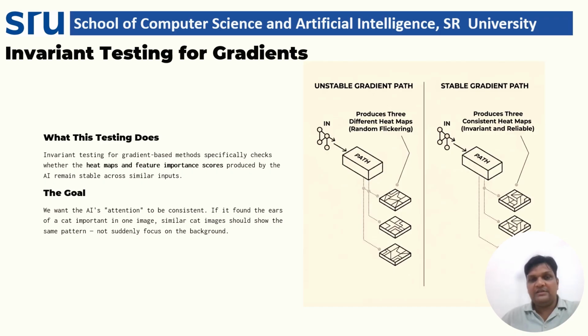Here, an unstable gradient path produces three different heat maps, random flickering. A stable gradient path produces three consistent heat maps, invariant and reliable. So we test for consistency. We ask, does the AI focus on the same features for similar inputs? If yes, reliable. If no, unstable and risky.